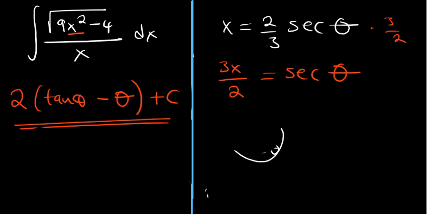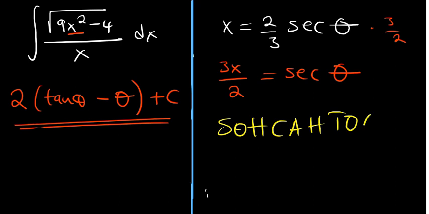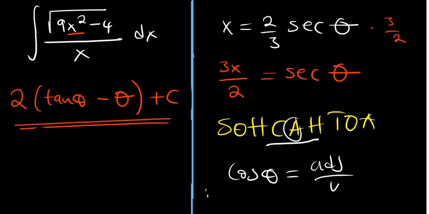Now we know from SOHCAHTOA, when you look at the trig ratio for cosine, cosine of theta is equal to adjacent over hypotenuse. Now in this case, where we're dealing with secant of theta, it's the reciprocal of cosine.